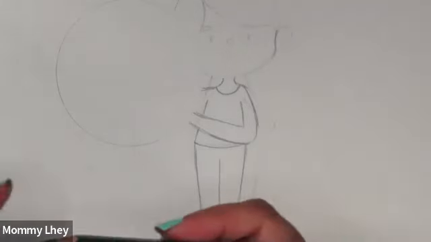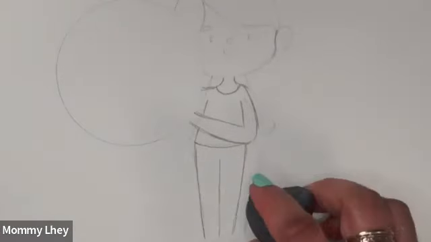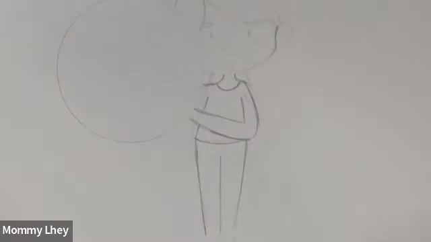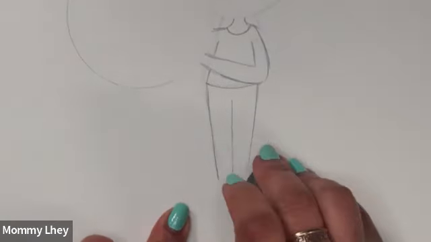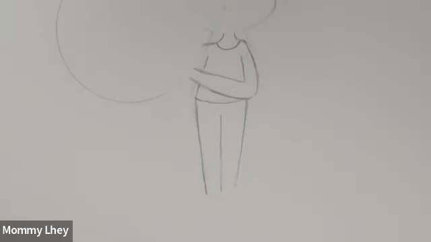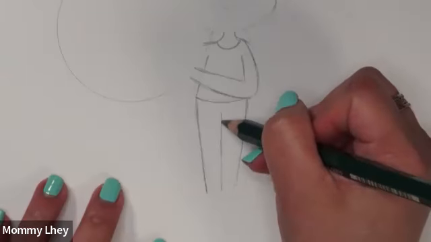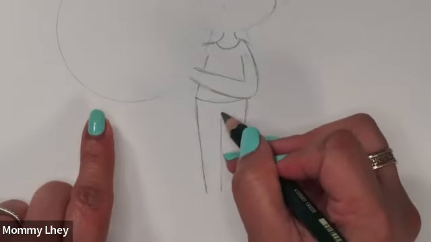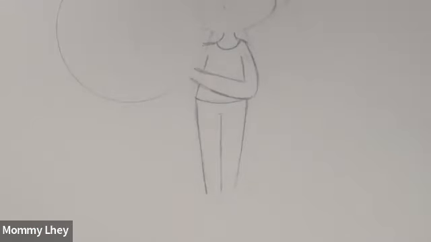This 2B really is too dark for me, especially for sketching. You want to use a regular HB, but for the camera to pick it up, I have to use a much darker graphite pencil just so you guys can see it. So see, I'm not going to bring this all the way up. I'm just going to leave a little bit of space and just a line like that, a small line.